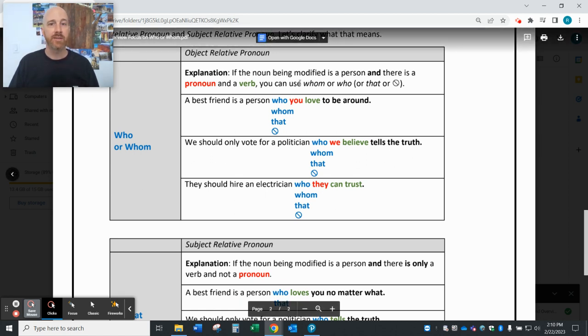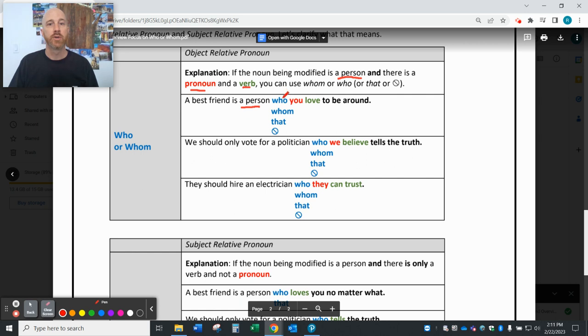If the noun being modified is a person, and this is the key, we only use this with people, right? So if you're describing a person and there's a pronoun and a verb, and here I've color coded them, the pronouns are red, the verbs are green, you can use whom or who. You can also use that or omit it. So a best friend is a person. What kind of person?